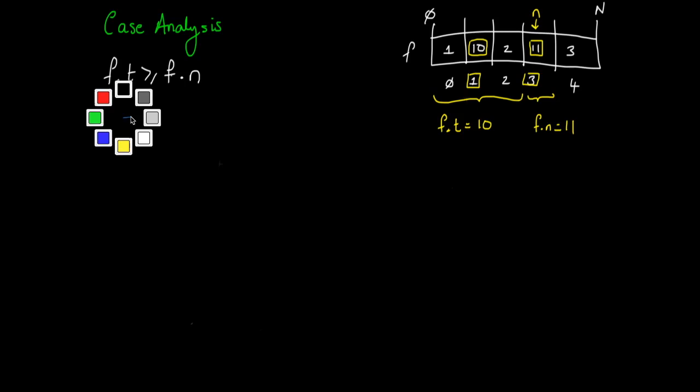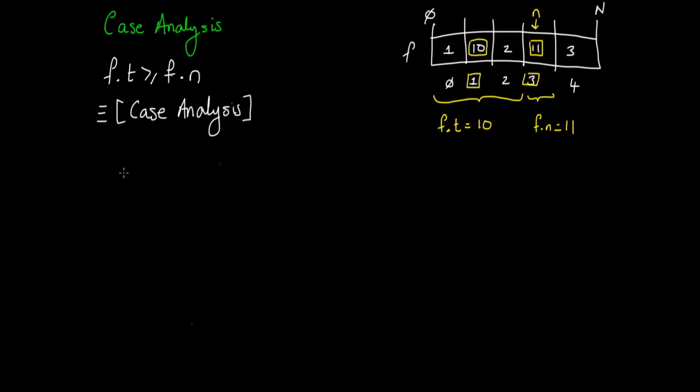So when we look at our case analysis over here, what we'll do is we'll go through the various cases. How many are there? Well, there are 2, because f.t will either be greater than or equal to f.n, or f.t will be smaller than f.n. So the first case, what do we need to do to t?